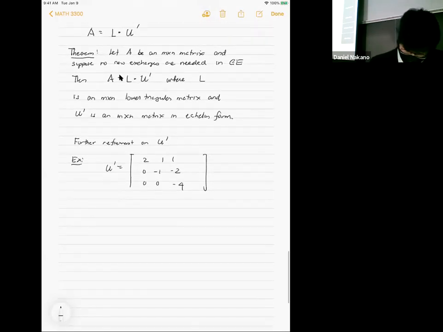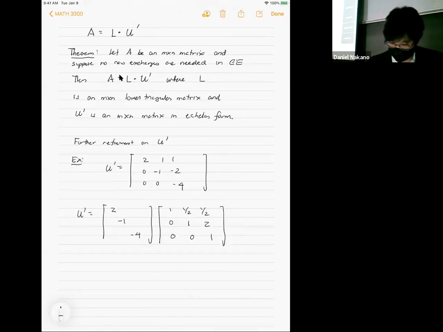So that's the same thing as doing the following. So U prime is equal to, let's put the diagonal entries over here. But to compensate for these diagonal entries, I have to divide by 2. So this is 1, 1 half, 1 half, 0, 1, 2, 0, 0, 1.